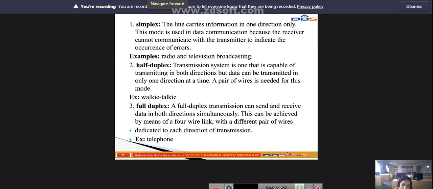So in full duplex, both directions transmit with each other. The sender transmits and the receiver also transmits simultaneously in both directions. An example is the telephone.